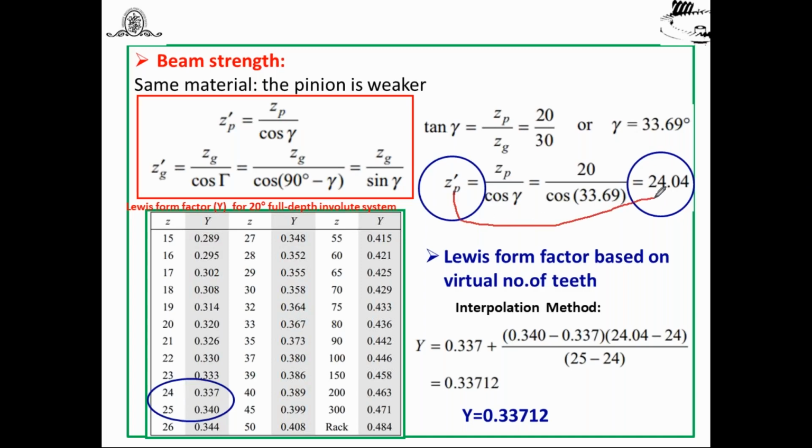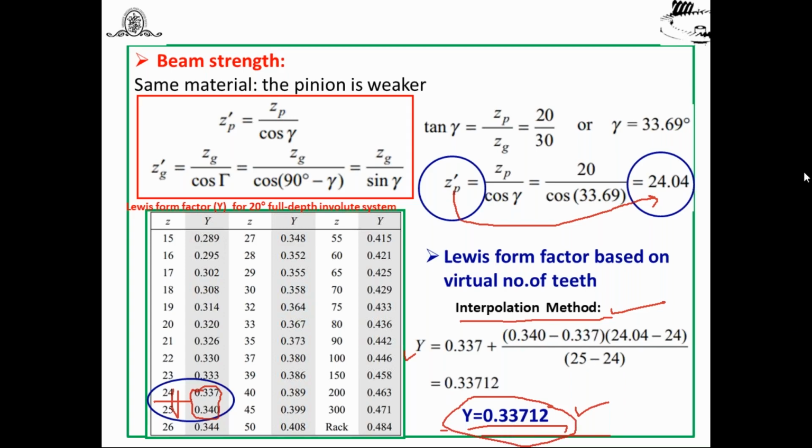The virtual number of teeth on the pinion is 24.04, but it lies in between 24 and 25. The value of the Lewis form factor for the virtual number of teeth lies between these two values. That's why you have to use interpolation. Last time also we used one interpolation. By using this interpolation method, we can easily find the Lewis form factor for this virtual number of teeth, 24.04, that is 0.33712.